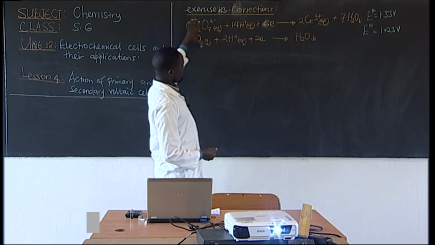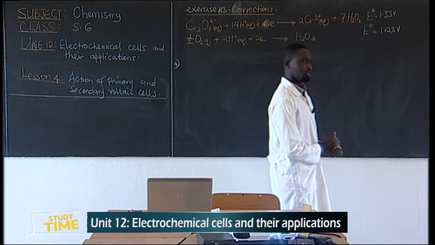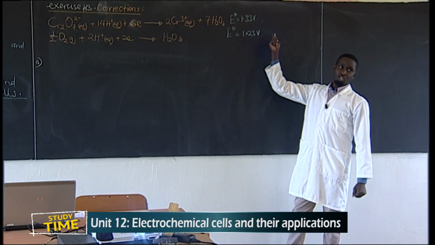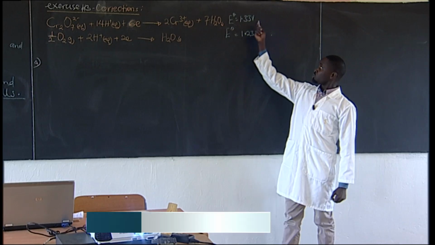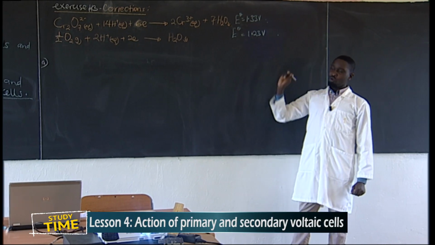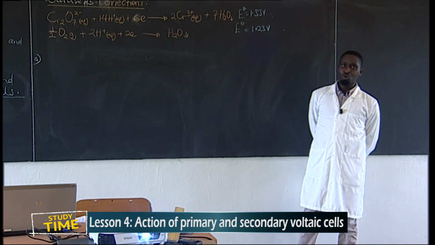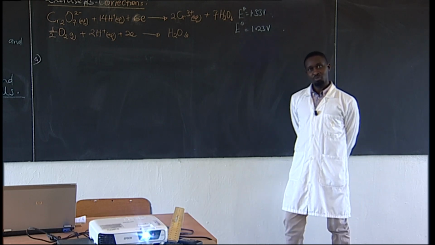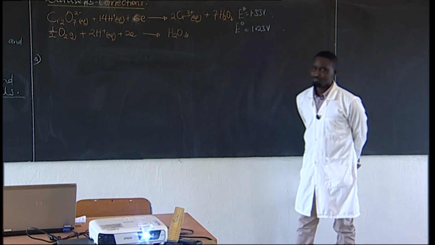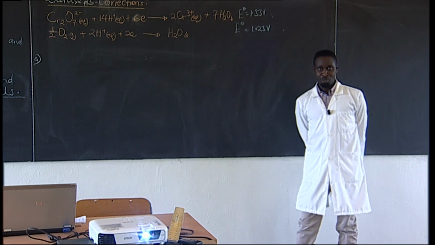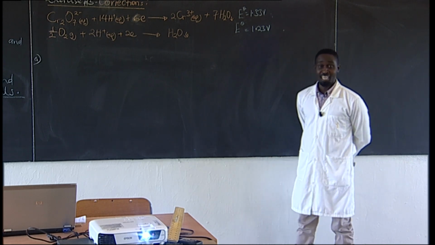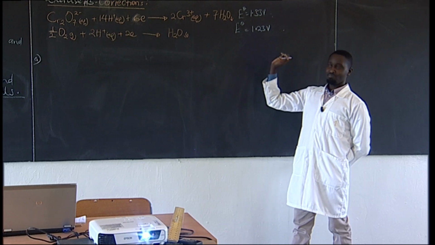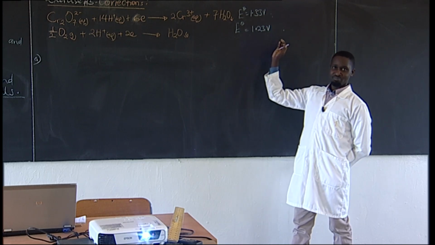When you look at this with our potentials, you should be in a position to tell which reaction or which side will undergo oxidation and which side will undergo reduction. I pose a question: which side will undergo oxidation, basing on the electrode potential?